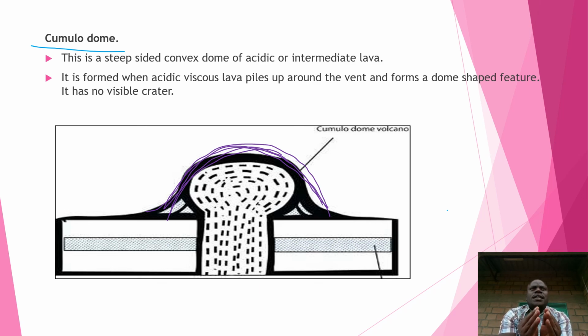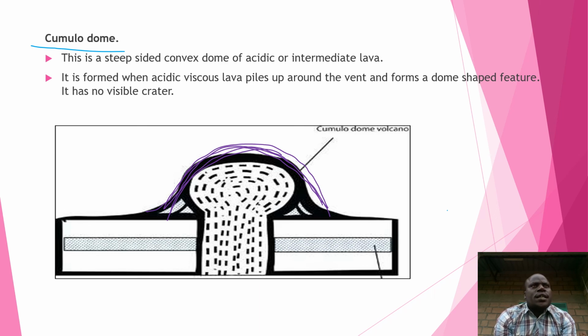It just remains near or around the main vent and forms a feature with a round shape, not like that of a volcano. It is not as steep as a volcano. It has just a round shape and is not extensive like a volcano.